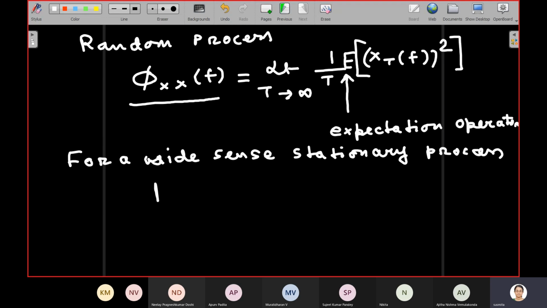So instead of writing t minus s, we represent that time difference as tau.